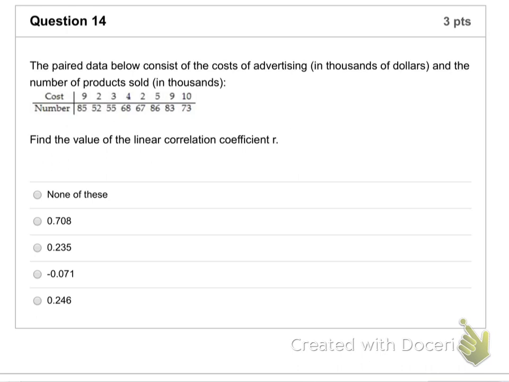So the paired data below consist of the cost of advertising in thousands of dollars and the number of products sold in thousands. Find the value of the linear correlation coefficient. I thought we did that once already. Huh. Something else, I guess. So yeah, just put them in L1 and L2 and do the linear regression t-test. Regression t-test, and you always choose the not equals.